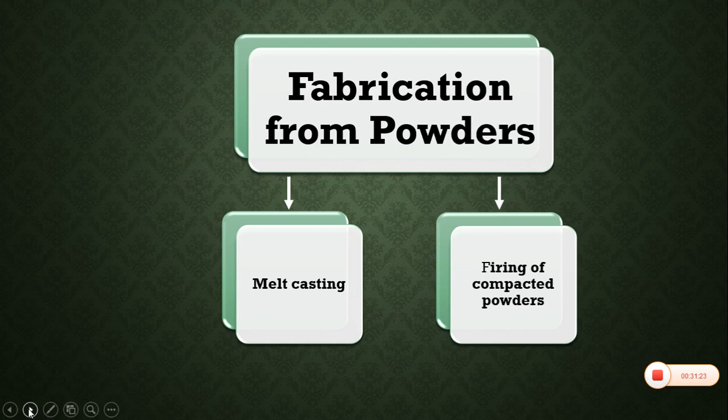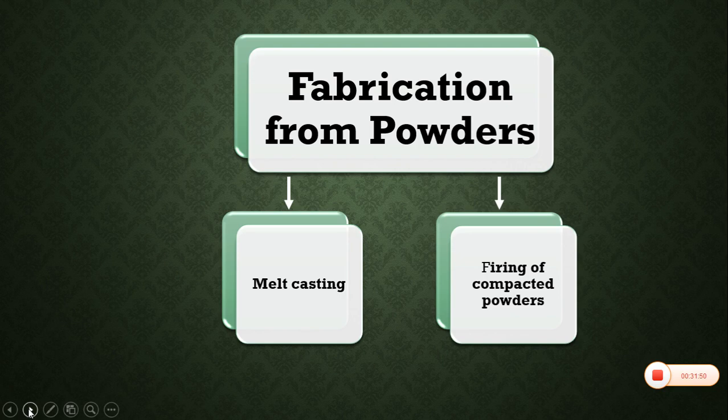Now comes fabrication from powder. Fabrication from powder means that the starting material in the fabrication process will be in a solid form. There are two types of fabrication methods which use a solid as a starting material.